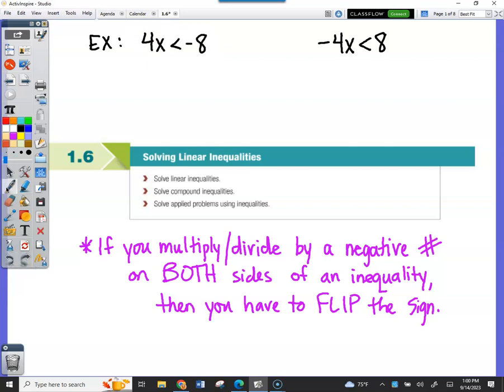But what's actually moving in this one right here? It's a positive 4 that's actually moving. So there's no sign change. Whereas over here, it's the negative 4. This is the one. Red flag, to tell you, watch out.